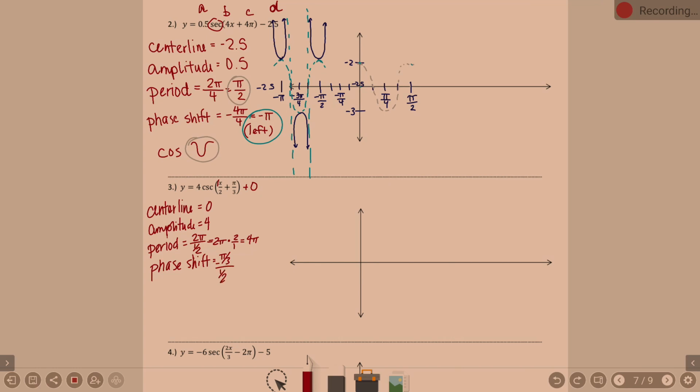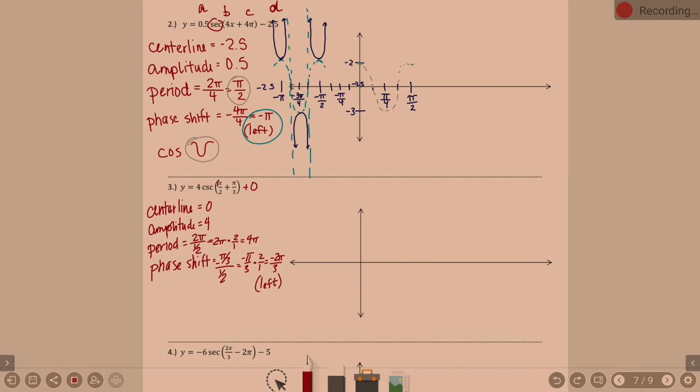C divided by B, pi over 3 divided by 1/2, which becomes pi over 3 times 2 over 1, which is 2 pi over 3, left or right? Left. And I was throwing a negative in there because opposite the sign. I need to either see a negative or the word left, or both, but I've got to have something indicating left. Let's see. Amplitude was positive, so there was no reflection, or A value was positive.